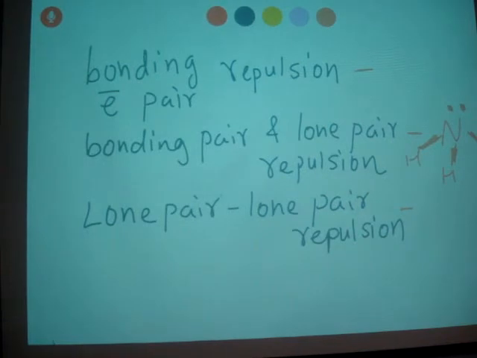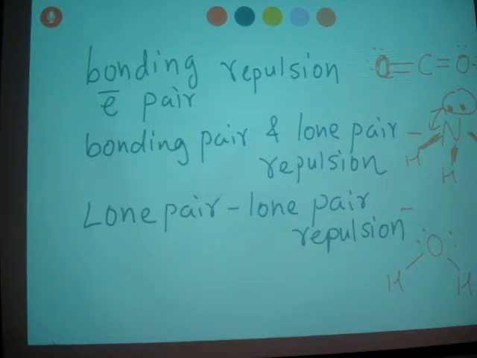Remember, we took CO2 before. In NH3 there is also repulsion between this lone pair and this bonding pair, because they try to locate in 3 dimensions in the way that minimizes the repulsion. Now lone pair repulsion, so for oxygen, it is the same in H2O.